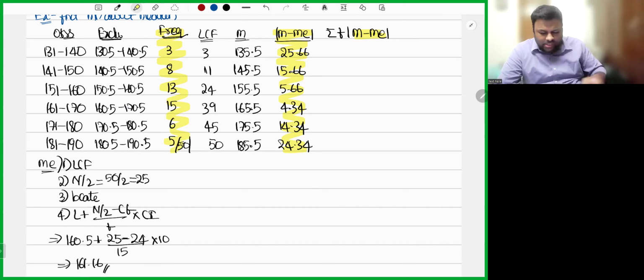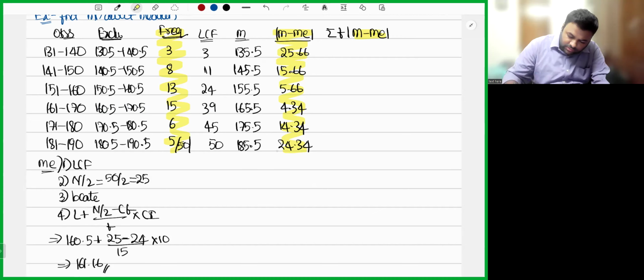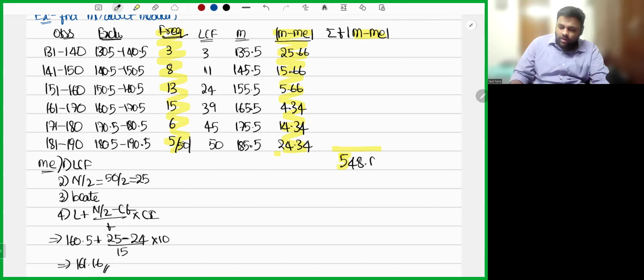I'll not do it individually, it's a waste of time. 25.66 into 3, 15.66 into 8, 5.66 into 13, 4.34 into 15, 14.34 into 6, 24.34 into 5. This total is 548.68.